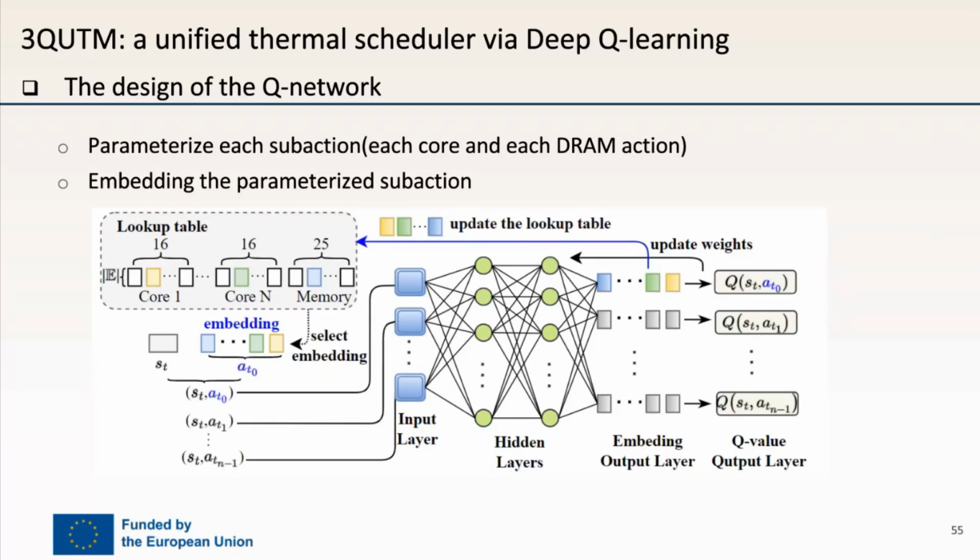Because the design space is huge and exponentially large, we use an embedding space to compress this design space, like large language models use the embedding space in the hidden space to compress language tokens. We borrow this idea for this design space, and we also design a very tiny neural network to predict the Q value, and the result shows the compaction of the embedding space is effective.